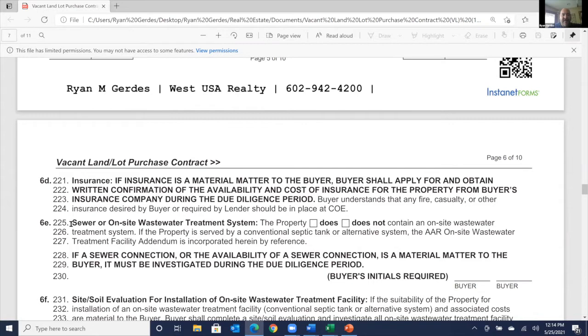Buyer, it is up to you to determine whether or not there's a sewer or wastewater treatment system on the property. However, the Arizona Department of Environmental Quality does dictate that, seller, you are responsible for making sure that a septic tank is certified and in good working condition and pumped prior to transferring over to the buyer.